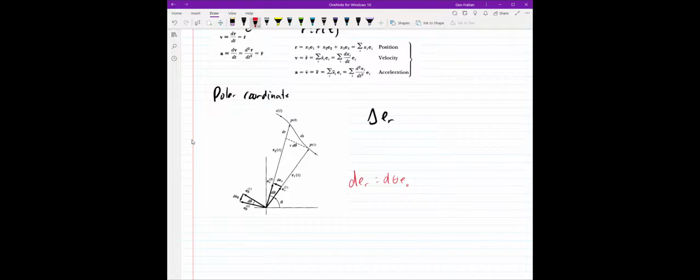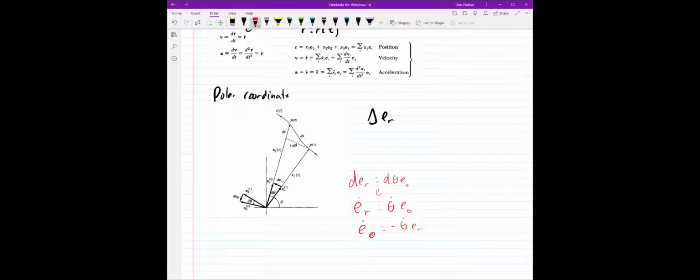So basically, we can write from inspection that the time derivative of e_r is equal to the time derivative of theta times e_theta, or the e_theta time derivative, sorry, is equal to negative theta time derivative e_r.